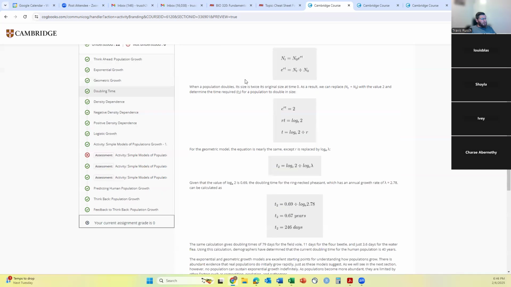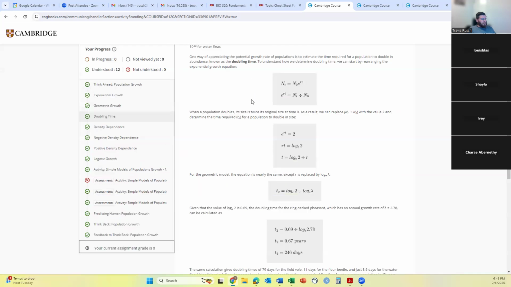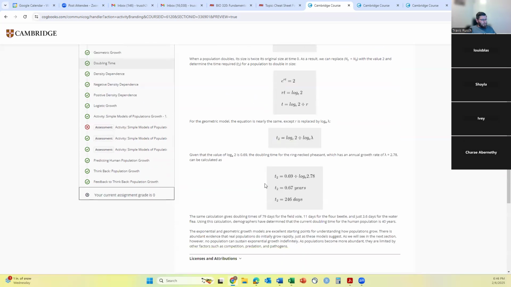This walks us through another example using the equation of how we get to doubling time. In this particular population, based on the values it gives us for lambda, it would take them, it says, 246 days, so T2, time point 2, to double in population.